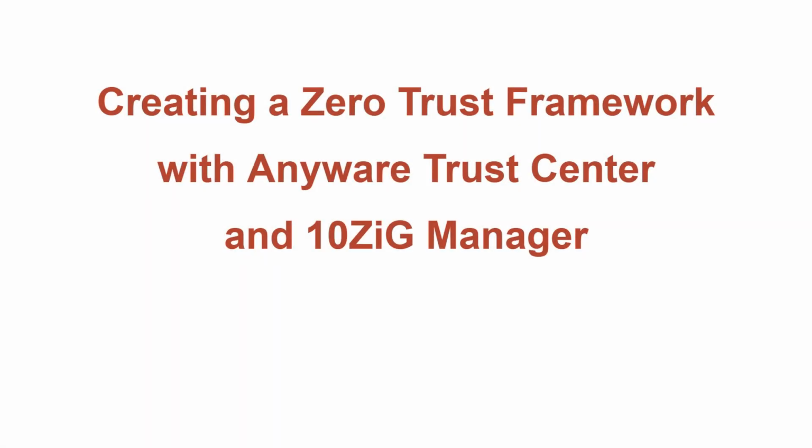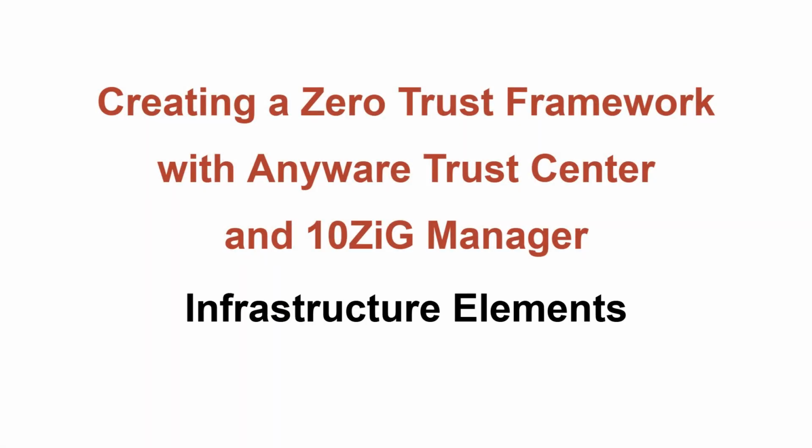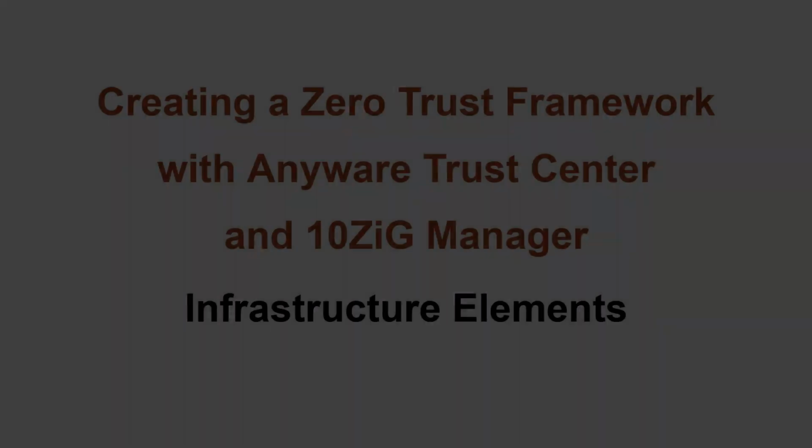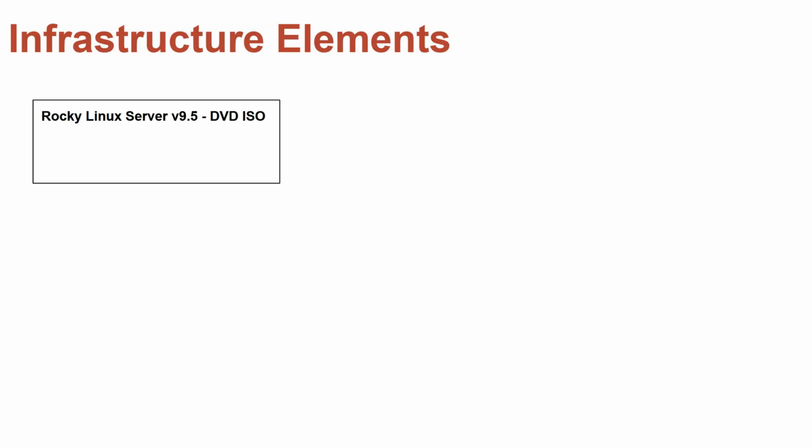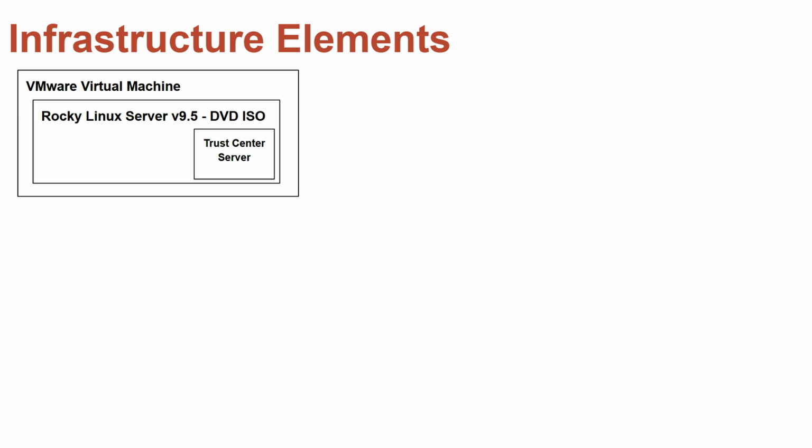For this demonstration, we'll need to cater for several pieces of infrastructure to be built and configured. A Rocky Linux server will be using version 9.5 from the DVD ISO download, and this will be hosting our Anyware Trust Center that we'll be installing in just a few minutes. We'll be running this on a virtual machine and take you through VM-specific settings at the time of installation.